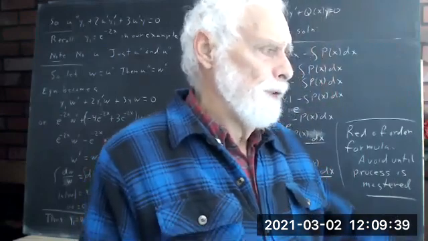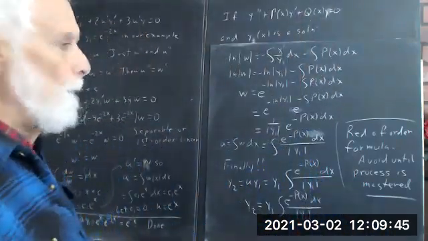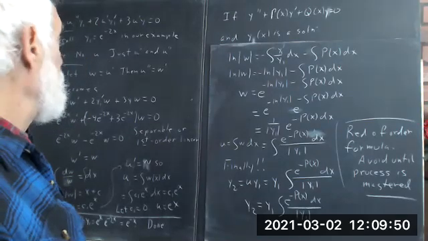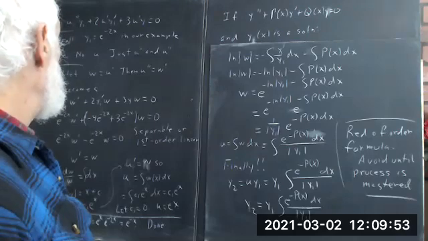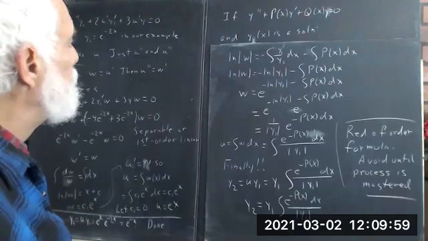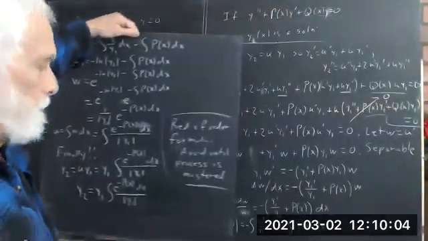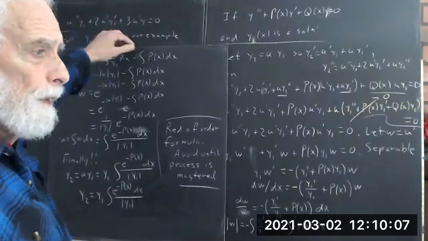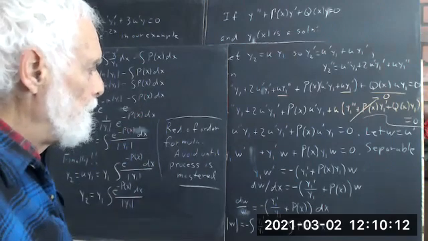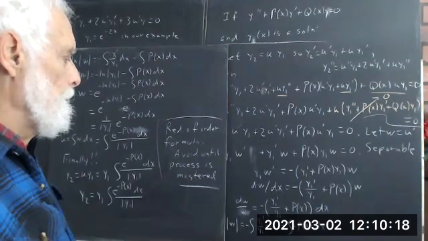I've got an error here. I can't imagine how that happened, but I certainly can imagine that it would. There's an error. I guess this should be y1 squared. Now, how did that happen?